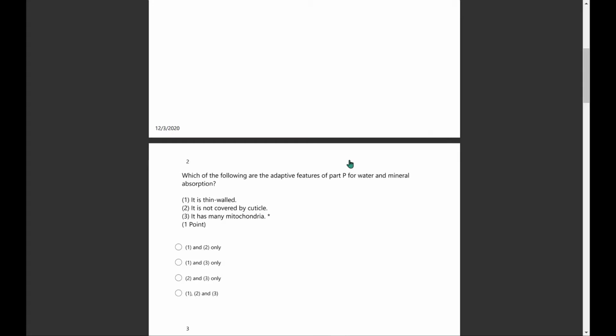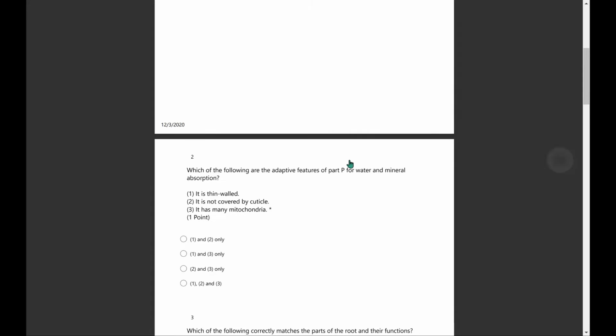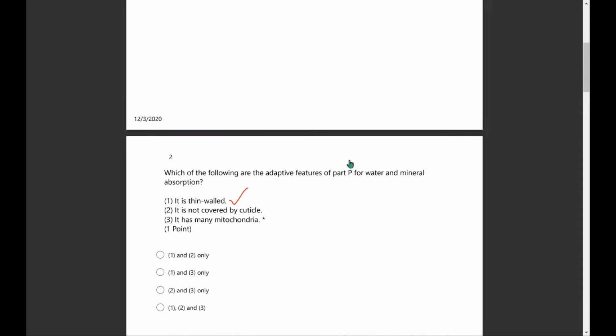So first of all, root hair is thin-walled, yes, and it is not covered by cuticle, yes. It has many mitochondria, which is also true. It has many mitochondria for a higher rate of respiration, which means more energy for active transport.